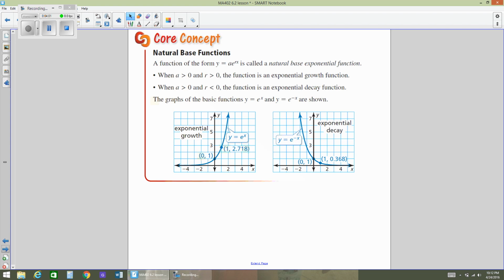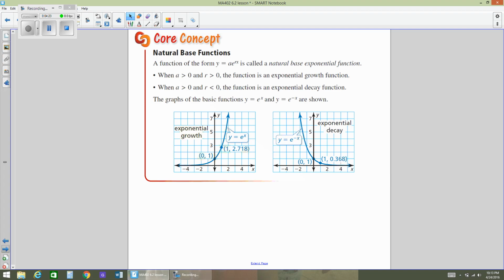Okay, here's your graphs. The function of the form y equals a, so that's your initial amount, times e, that's your base, to the rx, where remember r is your rate, but it needs to be a decimal, and x is time. It's called a natural base function.